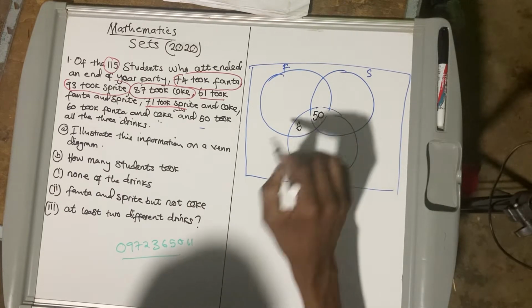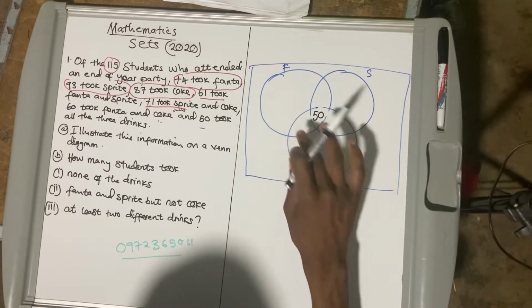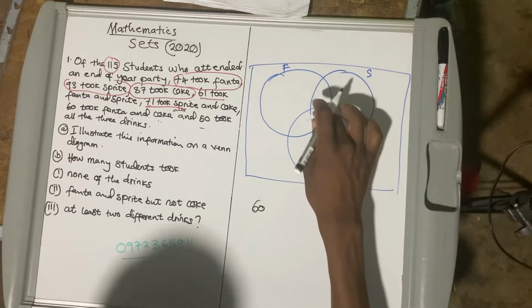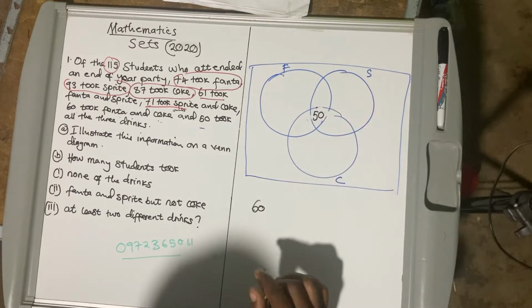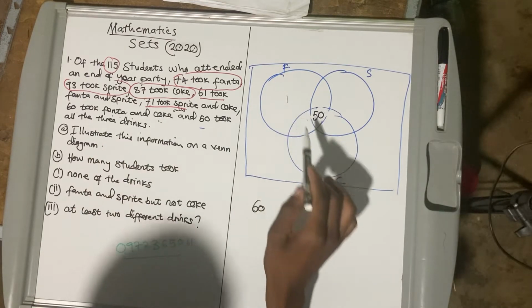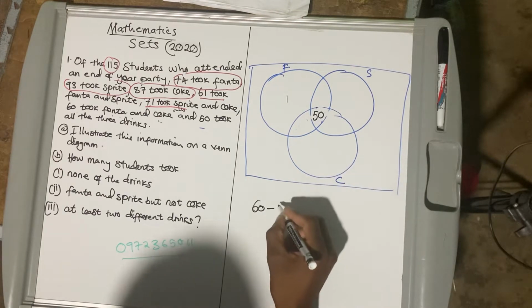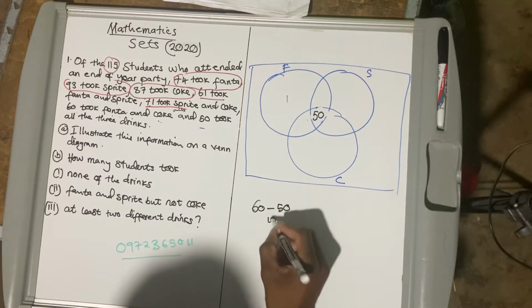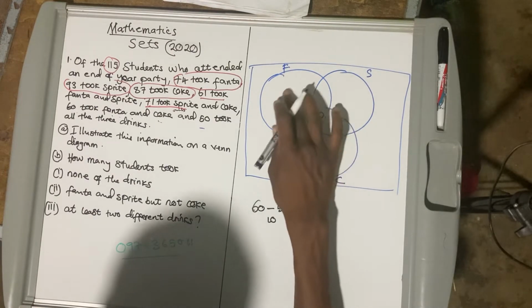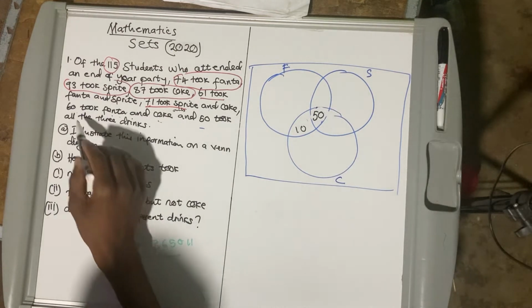Now there is no word only, which means that in this 60, there is also the 50 which are here. So for you to find the number which will be between Fanta and the Coke, you have to remove the 50 which is already there. So 60 minus 50, which is giving us 10. So those who took Fanta and Coke only will be 10.